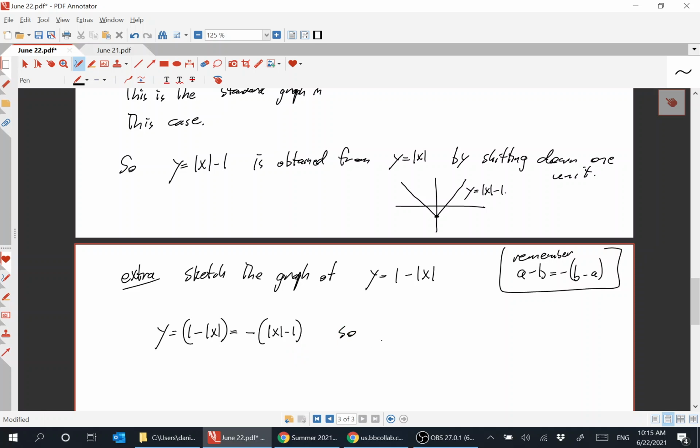Right? So y equals the negative of absolute x minus 1 is obtained from y equals absolute x minus 1 by negating the whole function. So when you negate the whole function, geometrically, it does what?